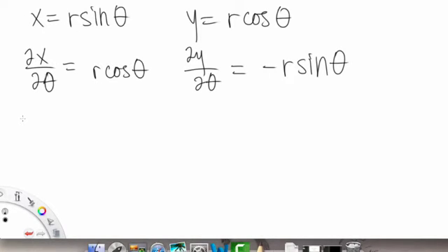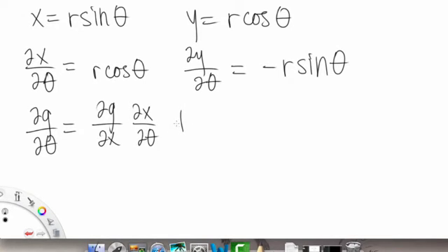So if we put them all together, we have partial g partial theta equals, at first we had partial g partial x times partial x partial theta, plus partial g partial y times partial y partial theta. So now we're going to replace that.